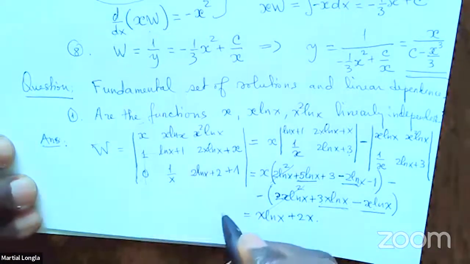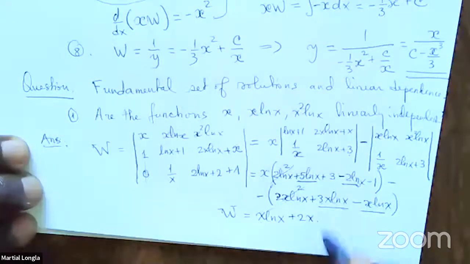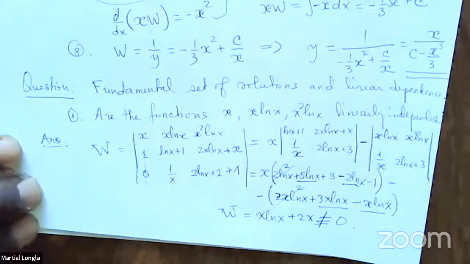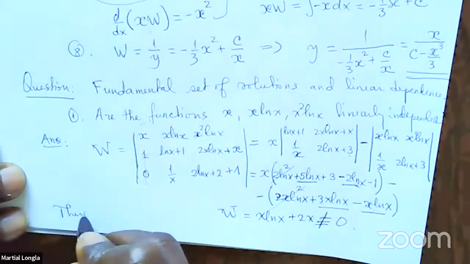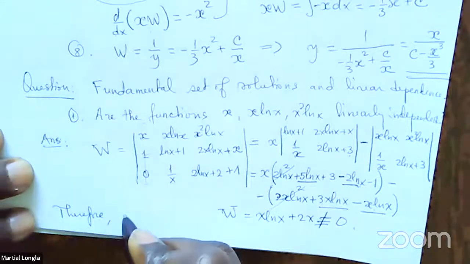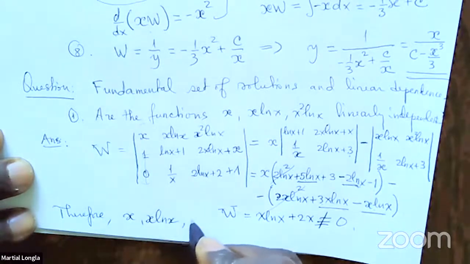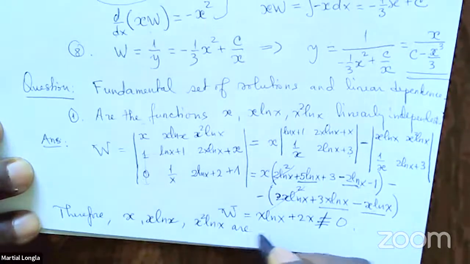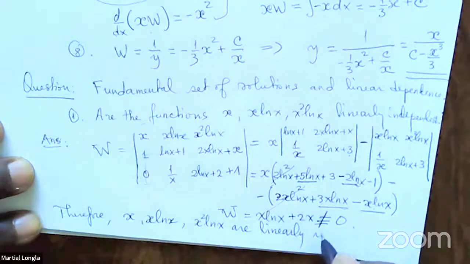And so you got that W. And this is definitely not the function 0. Therefore, x natural log of x, x squared natural log of x are linearly independent.